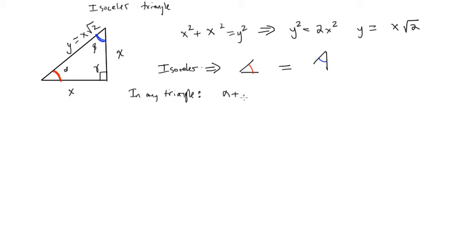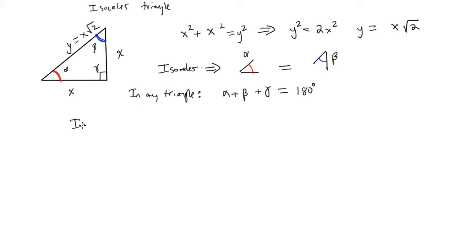the angles add up to a very specific number, and that number is 180 degrees. So you may remember this from geometry. Now, in our case, gamma is 90, and alpha and beta are the same thing.